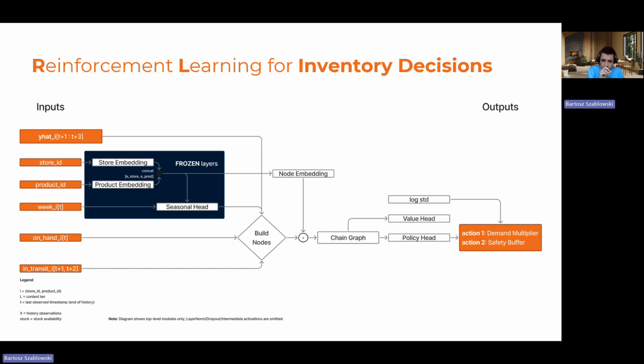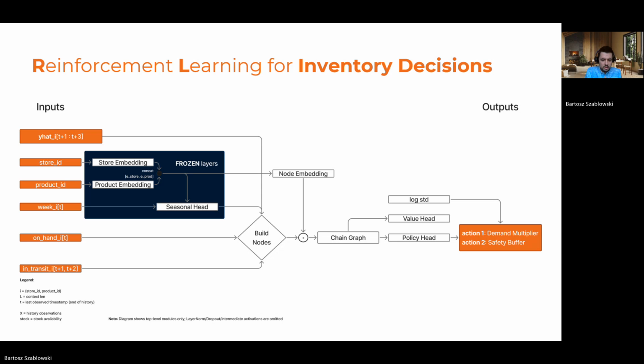An important point here is that inputs like predictions and state information are scaled by the scale factor, but the network still knows about the magnitude for a given time. Why? Because here we are reusing layers from the demand neural network, like embeddings and the seasonal head. These layers are already trained and frozen during training, right?